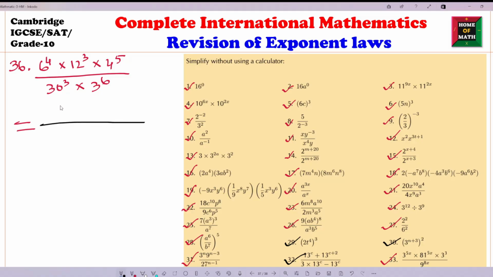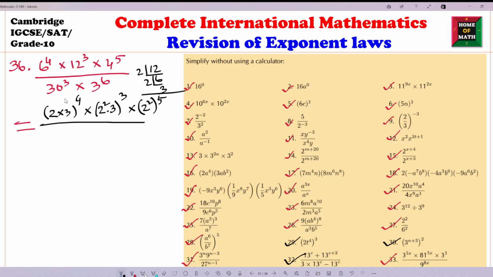So first this 6 we can write 2 times 3 to the power 4, times this 12, if we want to make prime factors, so 2 then 6 then 2 becomes 3. So 2 squared times 3, all to the power 3, and times 4 to the power 5, it means 2 squared to the power 5.